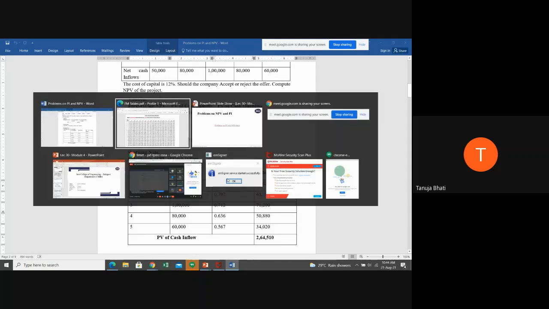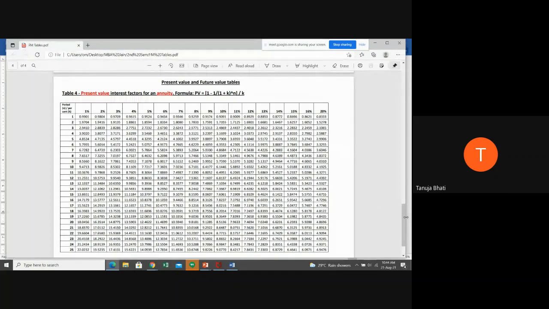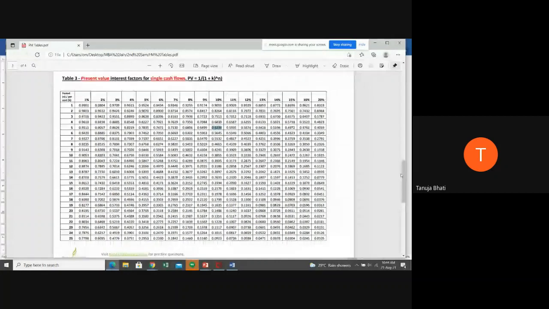Again, I'm repeating, table number 3 is the present value of a single cash flow and not an annuity. So I will look at 12% for 1 to 5 years, that is 0.8929, 0.7972, 0.7118, 0.6355 and 0.5674.